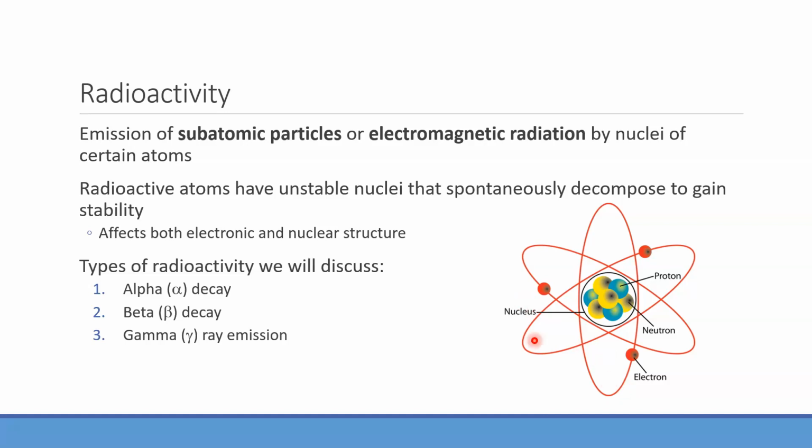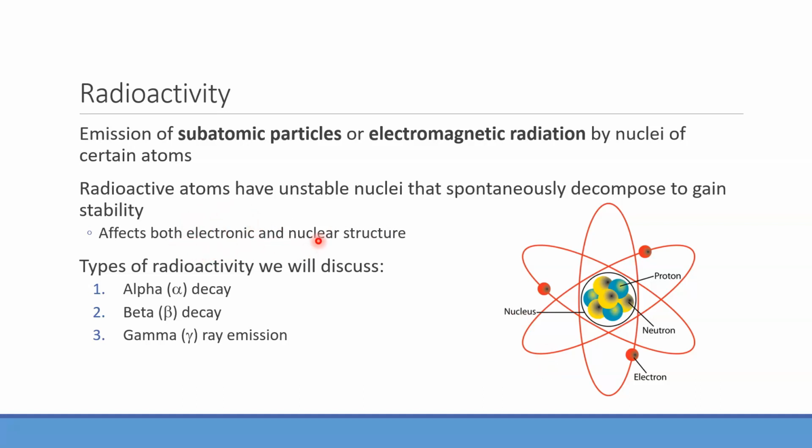And all radioactive atoms have an unstable nucleus, and that is going to spontaneously decompose to gain stability, because remember, moving towards lower energy is pretty much what drives all processes on Earth. And this process will affect both electronic and nuclear structure, whereas when we talked about sharing electrons or ionizing, we were really talking about changes only to the electronic structure.